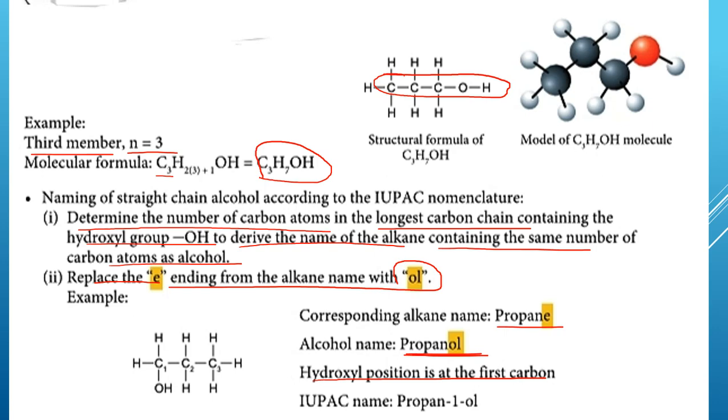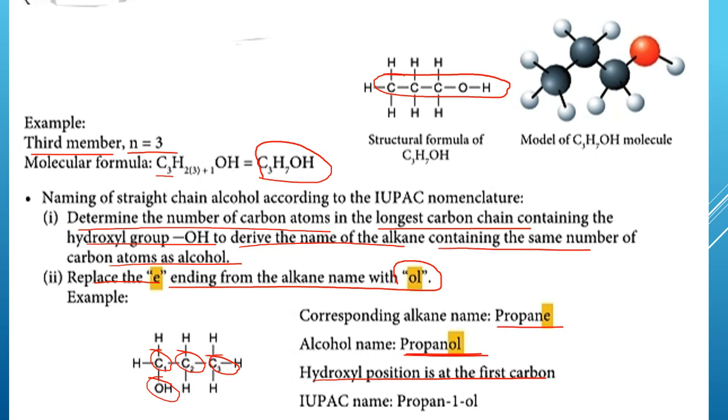So here we have carbon number 1, carbon number 2, carbon number 3. For the numbering of the carbon, carbon number 1 must be the one closest to the OH, attached to the hydroxyl group OH. This is the OH. So we will number from the left because the OH is here.